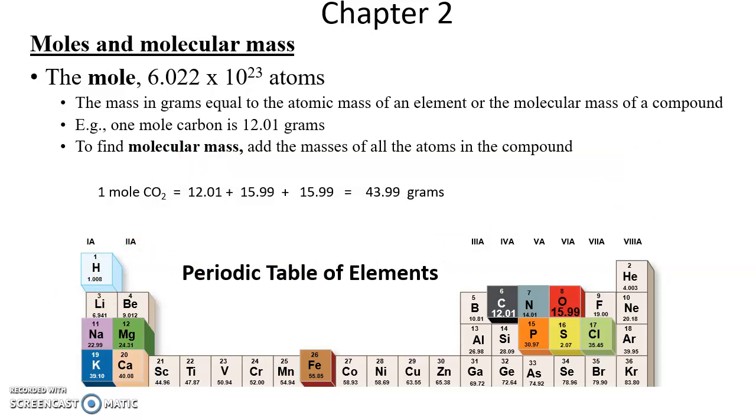Different atoms have different atomic masses, which are the same as molecular masses, except molecular masses are for molecules. So if you wanted to figure out the molecular mass of carbon dioxide, you would add the atomic masses of carbon and 2 oxygens to get the molecular mass for the molecule carbon dioxide. Again, we're not going to do much with the mole, just wanted to remind you that it exists.